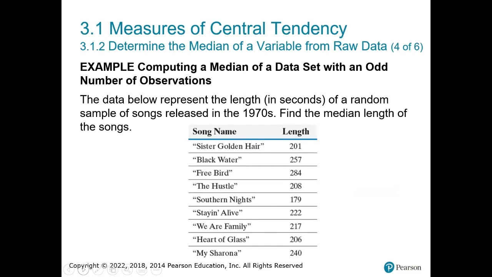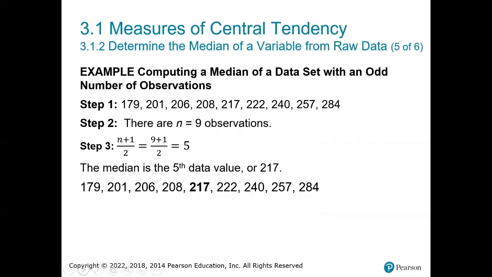So I'm going to find the smallest and list them in order from smallest to biggest. 179 is the first one, that's the second one, third, fourth, fifth, sixth, 7, 8, and 9. So I'm going to put them in order here: 1, 2, 3, 4, 5, 6, 7, 8, 9 of them.